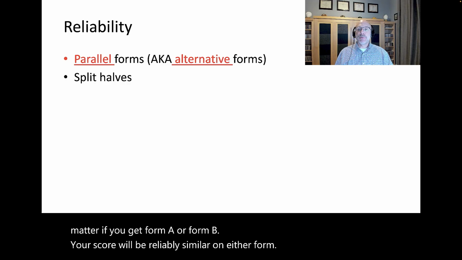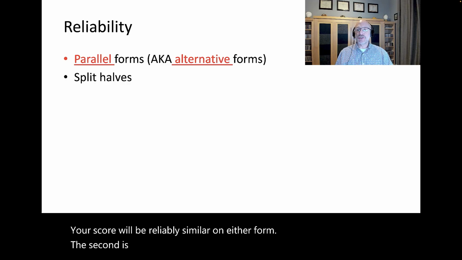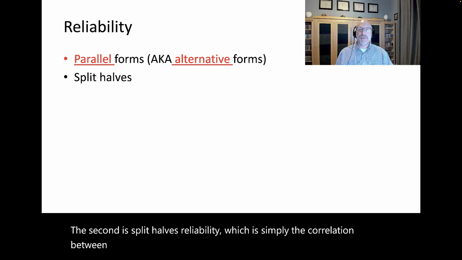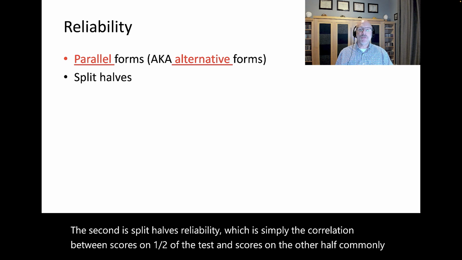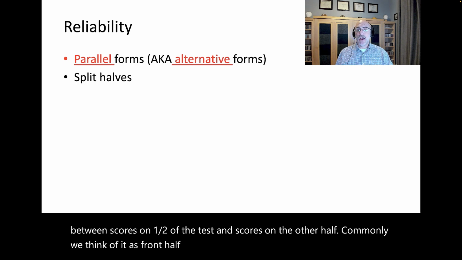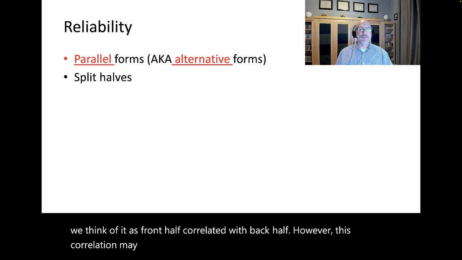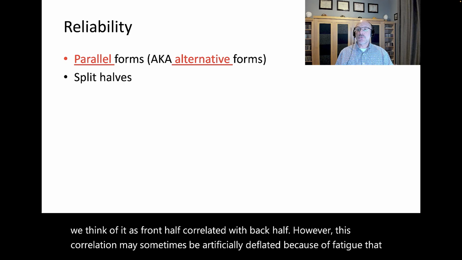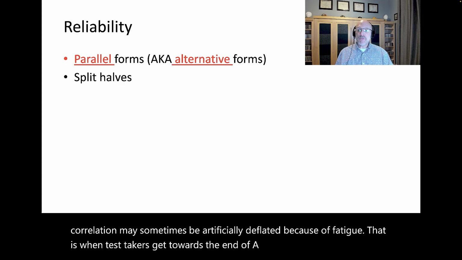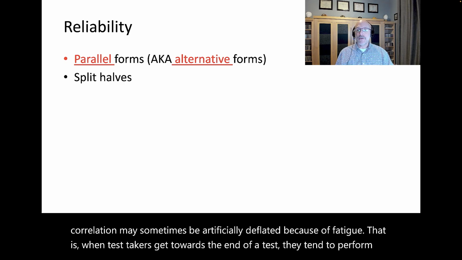The second is split halves reliability, which is simply the correlation between scores on one half of the test and scores on the other half. Commonly, we think of it as front half correlated with back half. However, this correlation may sometimes be artificially deflated because of fatigue. That is, when test takers get towards the end of a test, they tend to perform worse because they're tired.